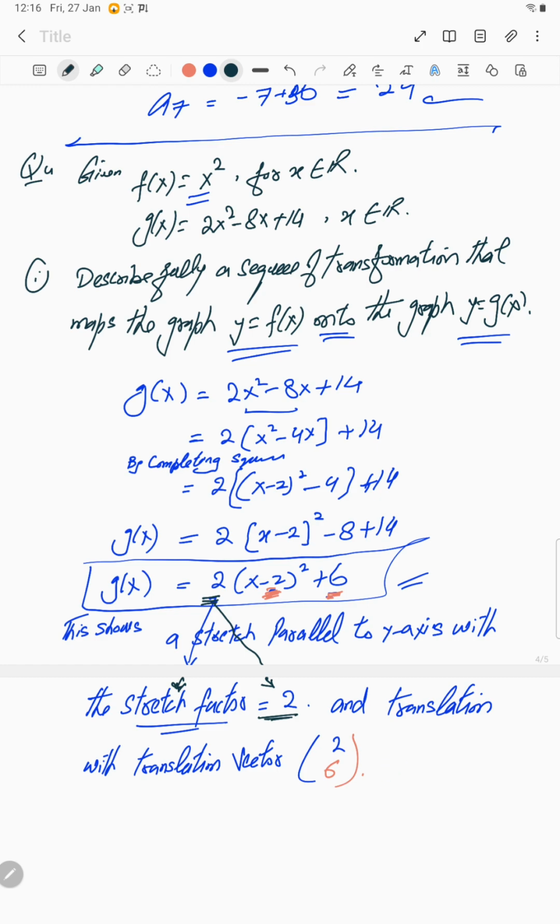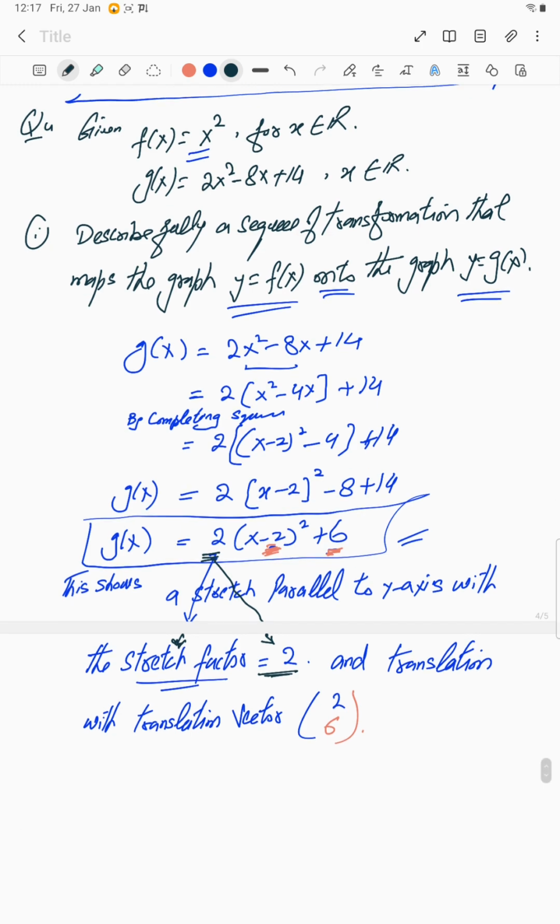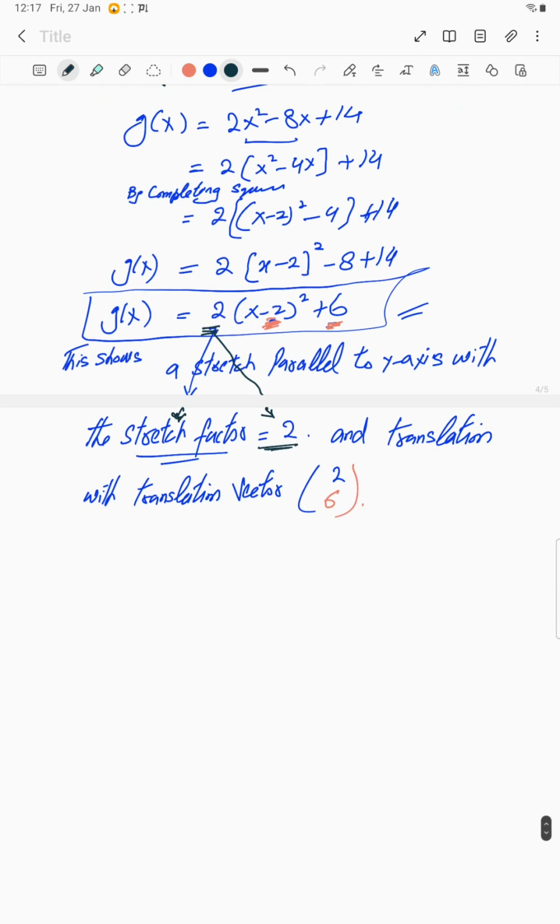Okay, this was the first part to be asked. We just need to describe the transformation that maps function f onto g of x.